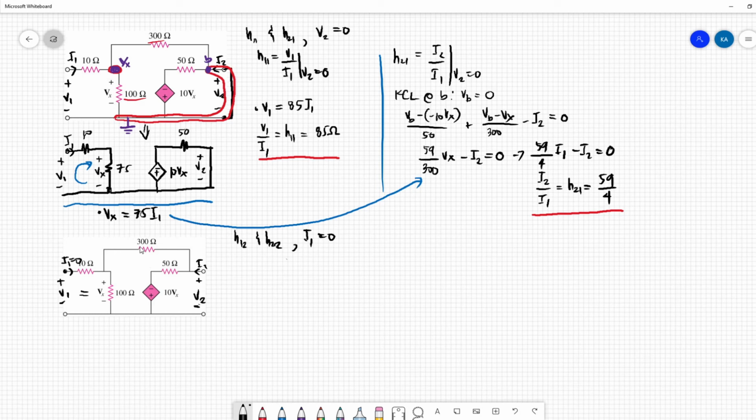Now looking at the circuit, if I1 equals to 0, meaning our 300 ohm resistor and 100 ohm resistor are connected in series. So we can apply VDT to express V1 in terms of V2. So by VDT, V1 is equal to 100 over 100 plus 300 equal to 400 V2, or our V1 over V2 equal to H12 equal to 1/4.